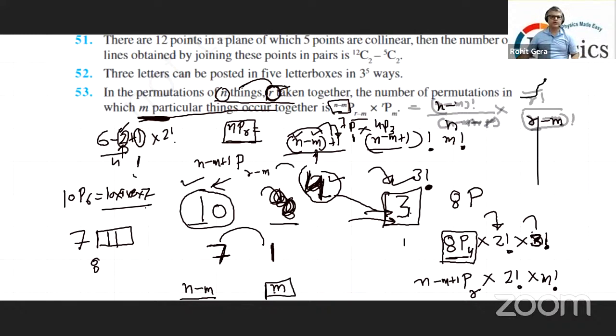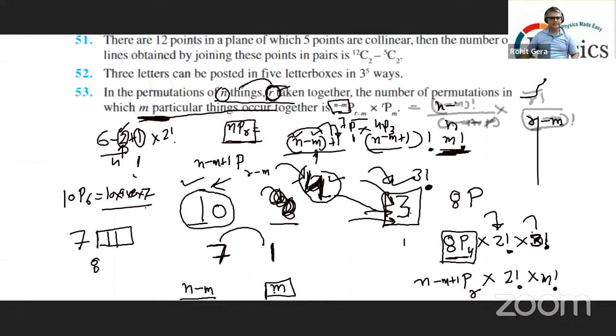So r is known to us, n minus m plus 1 P 4. And then 3 of them can be arranged in 3 factorial ways, so m factorial. These are together and can be arranged in these many ways. And since we have 2 bundles now, the 2 bundles can be arranged in 2 factorial ways.